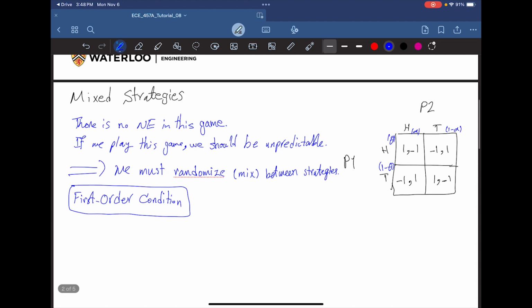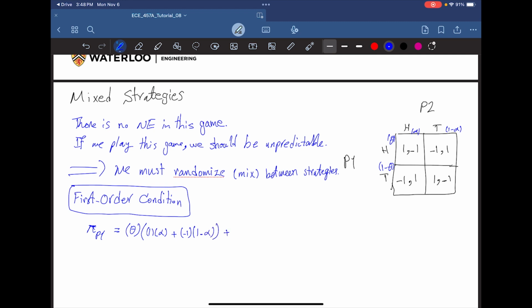So the whole payoff for player 1, pi P1, will be, all right, so we have theta multiplied by 1 alpha plus negative 1 minus alpha.